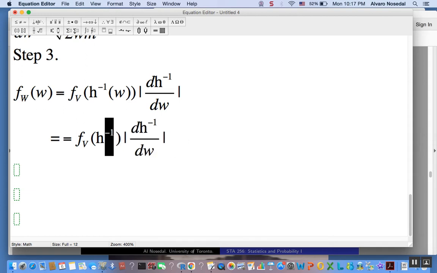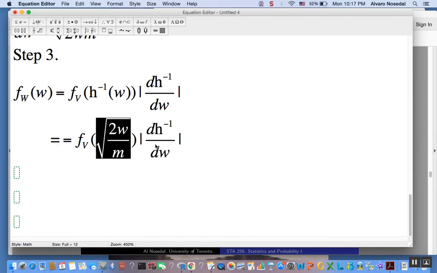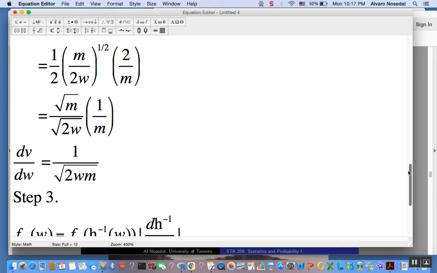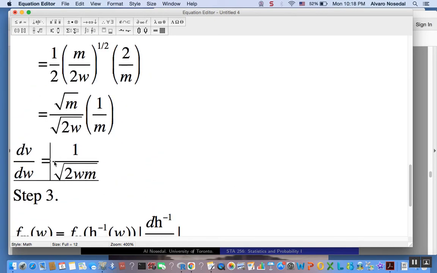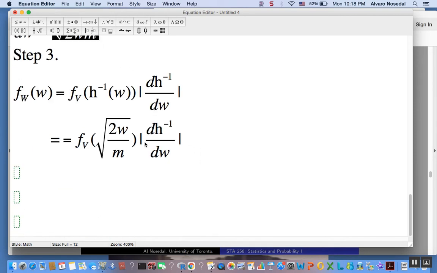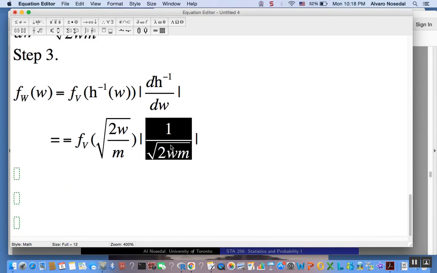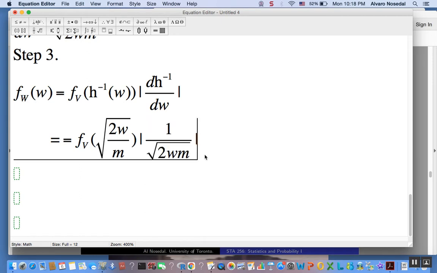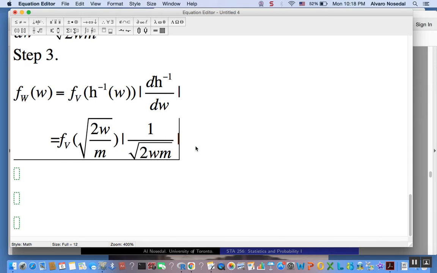Let me substitute there, times the absolute value of that derivative. Okay, make sense?